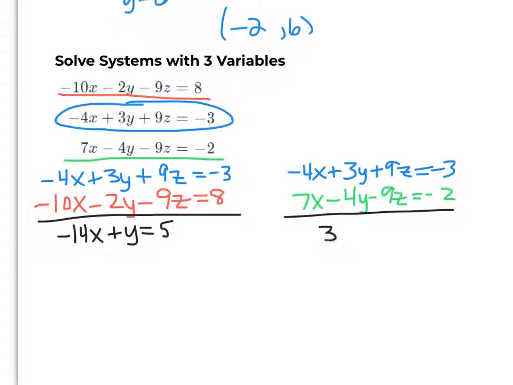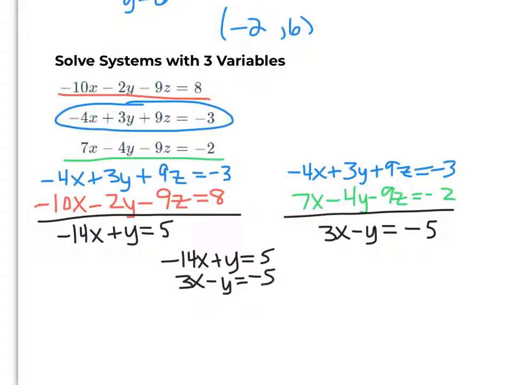Then 3x minus y equals negative 5. And now we bring those two things together. Negative 14x plus y equals 5. 3x minus y equals negative 5. So negative 11x equals 0. So x equals 0.